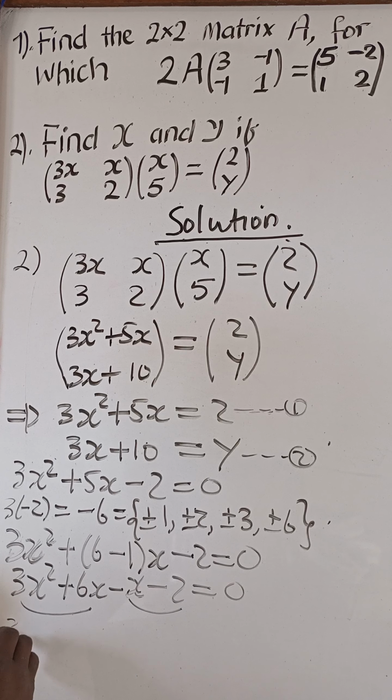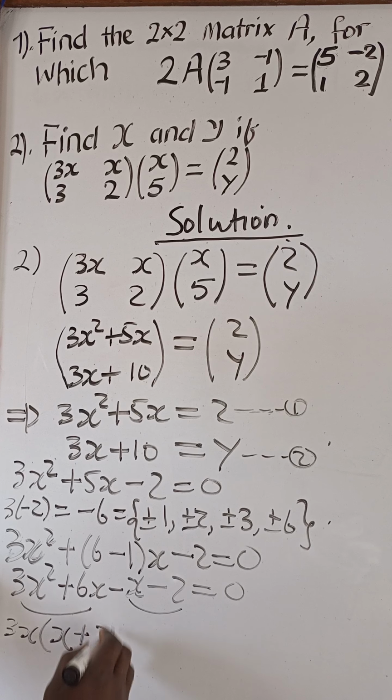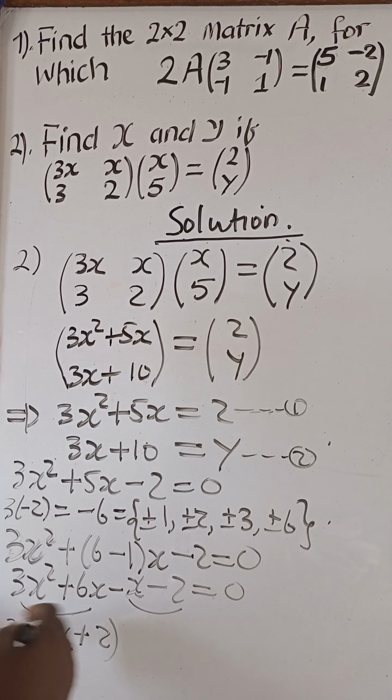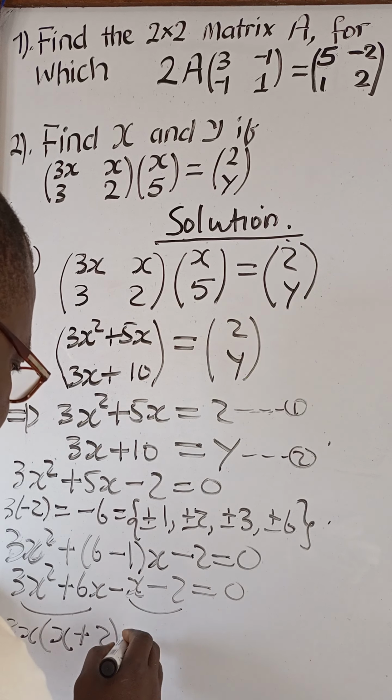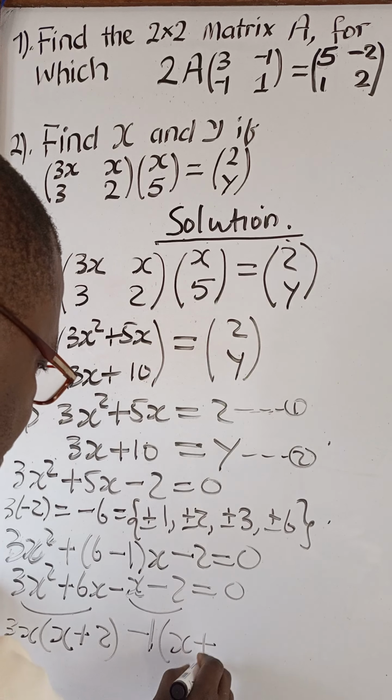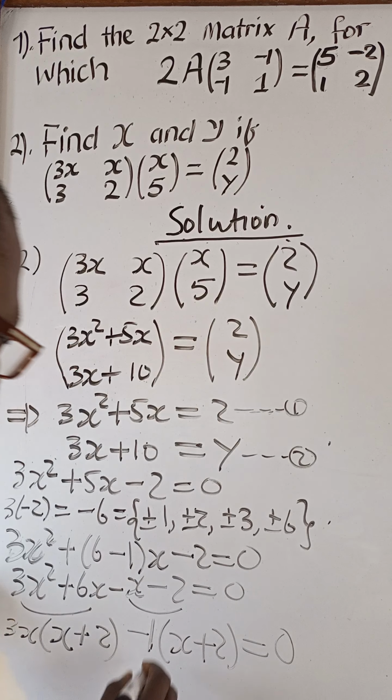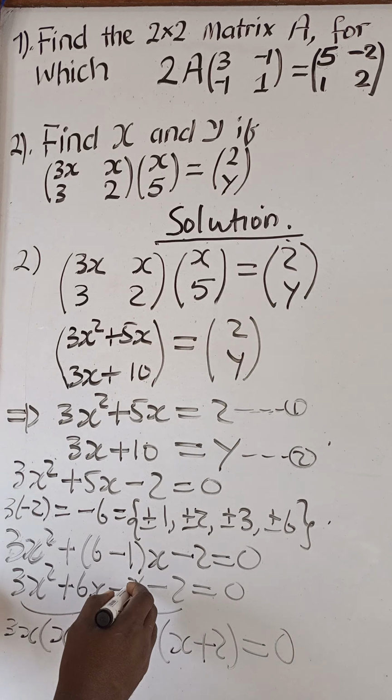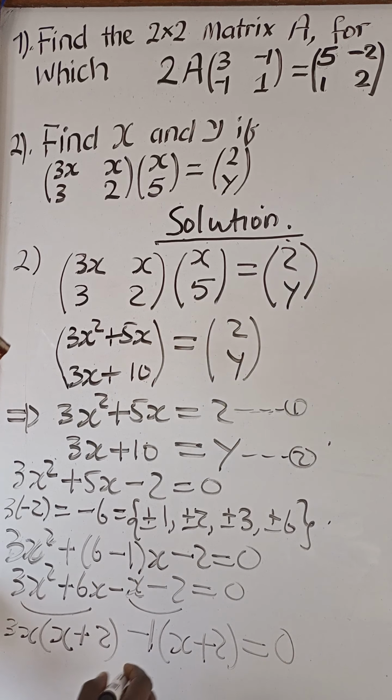Here we have 3x common. When we remove it out, we have x plus 2. Let us check. 3x multiplied to x, 3x squared, 3x multiplied to 2, positive 6x. This factorization is correct. And then here when we bring out negative 1, we obtain x plus 2. Let us check it. Negative 1 multiplied to x, negative 1 multiplied to 2, negative 2. Our factorization process is correct.